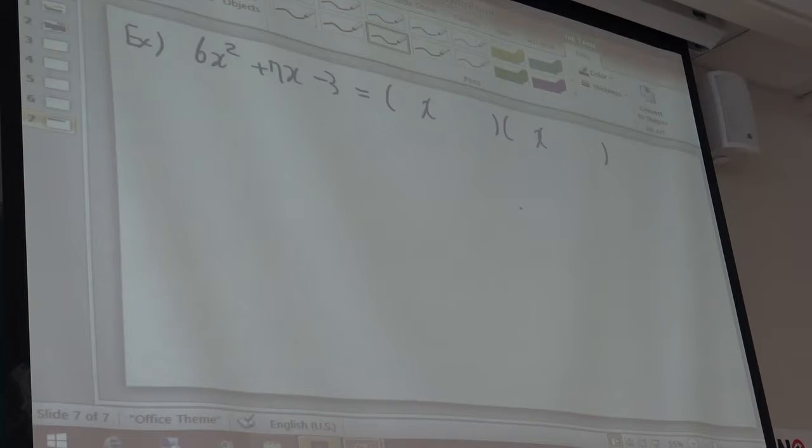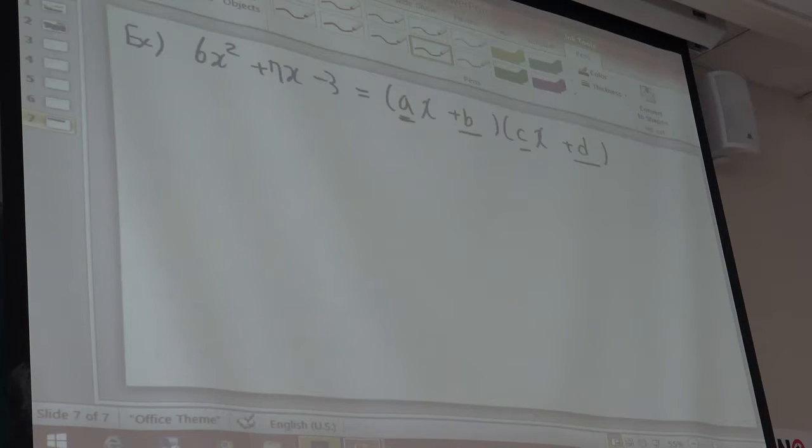Up to that point, I think it is clear, right? Now we have to figure out the numbers here. We have 4 numbers, this 1, 2, 3, 4. Now we have to figure out these 4 numbers.